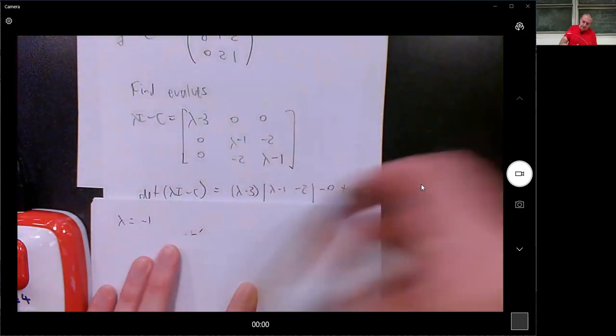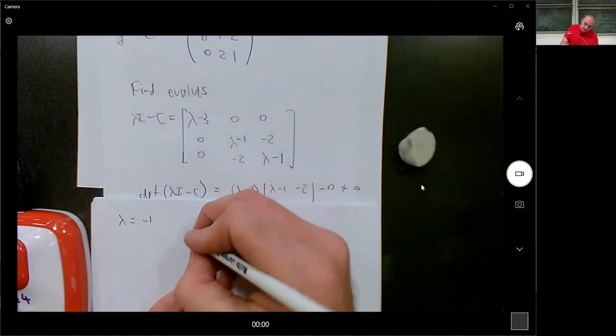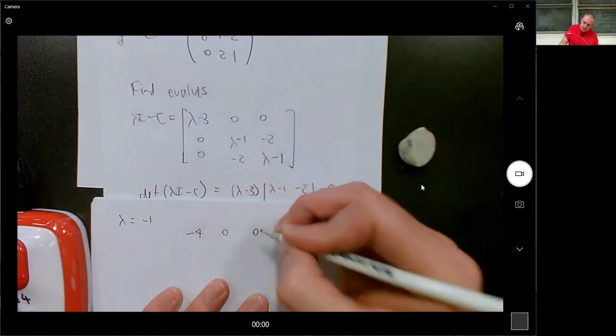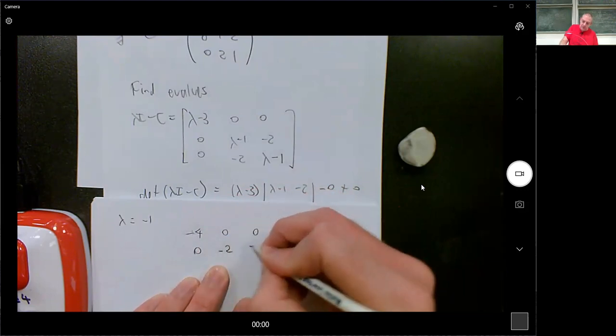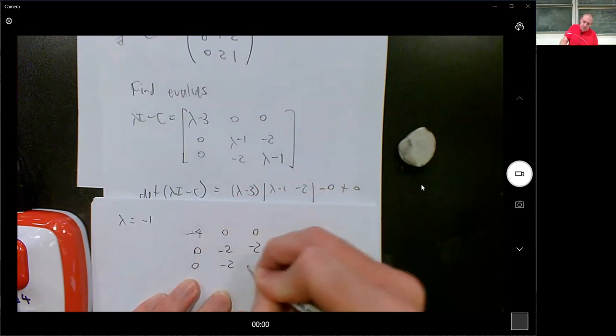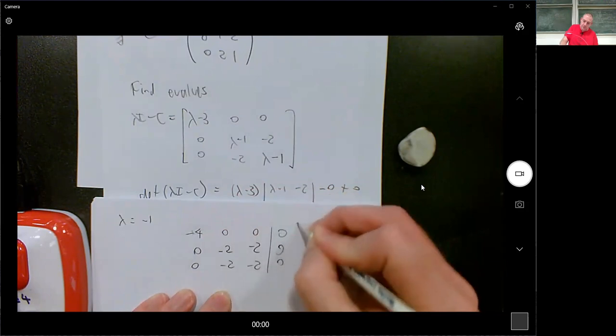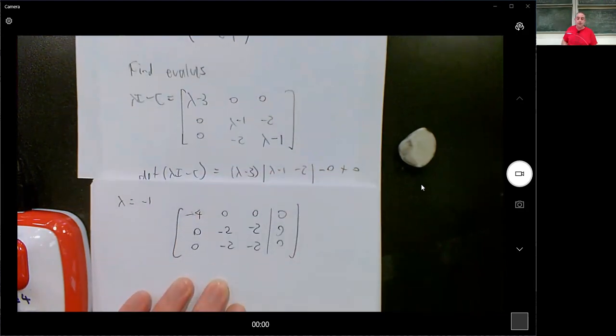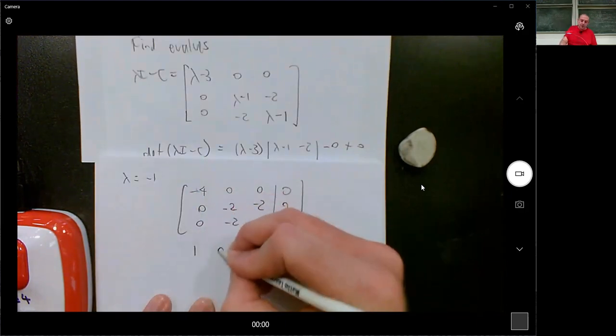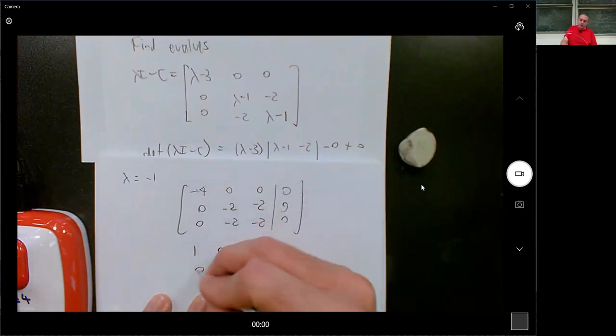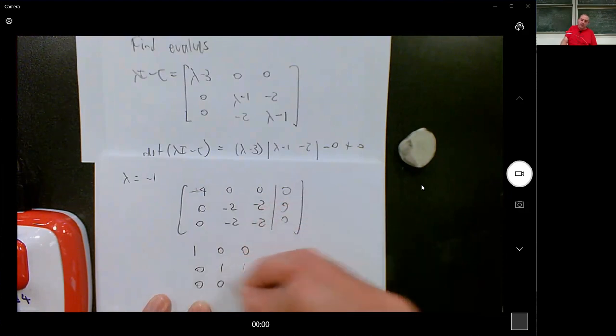Minus 1 minus 2 is minus 2. Divide this one by minus 4, I'll get 1, 0, 0. This will be 0, 1, 1, and they're the same row, so they'll cancel each other out.